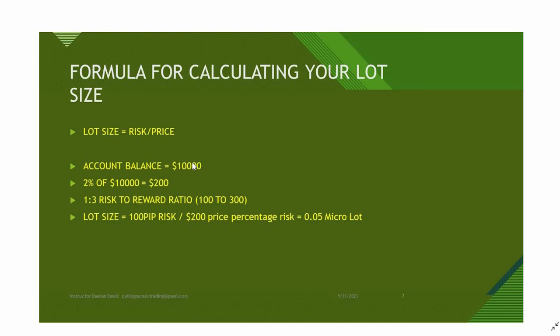You have your account balance, you find 2% of it, which is 200. We are risking 100 pips to make 300 pips. So when we divide 100 pips by $200, which is the percentage risk, we end up with a lot size of 0.05 micro lot. So this is the lot size we would use for this particular trade.